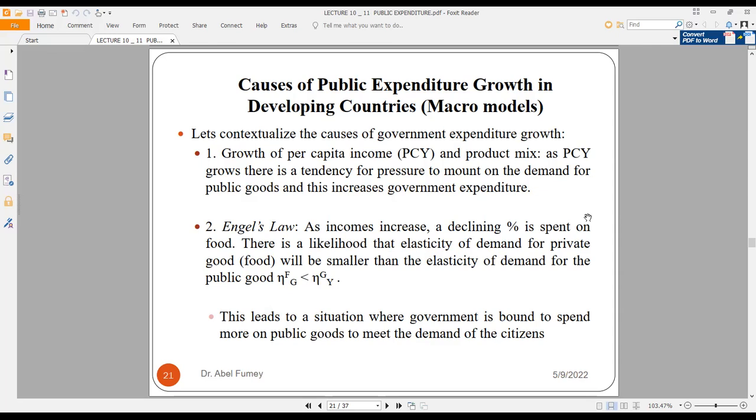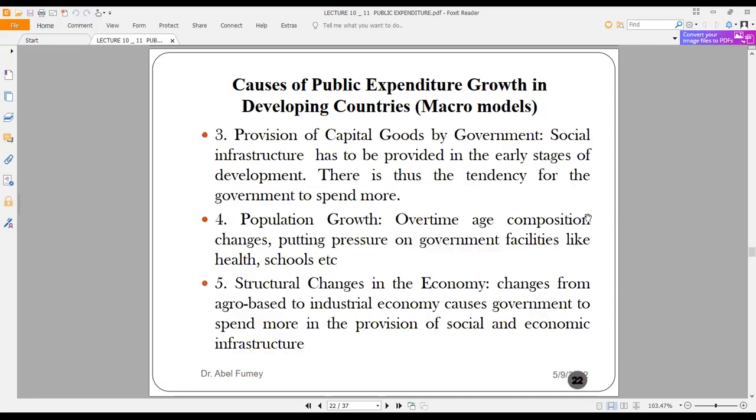So the elasticity for the public good is going to be higher than that of the private good, with food taken as an example. It means that as income is increasing, we need more public goods than private goods. So the government will have to produce more goods to meet the demands of the citizens of the country. Okay, so that's one cause of increasing expenditure in developing countries.